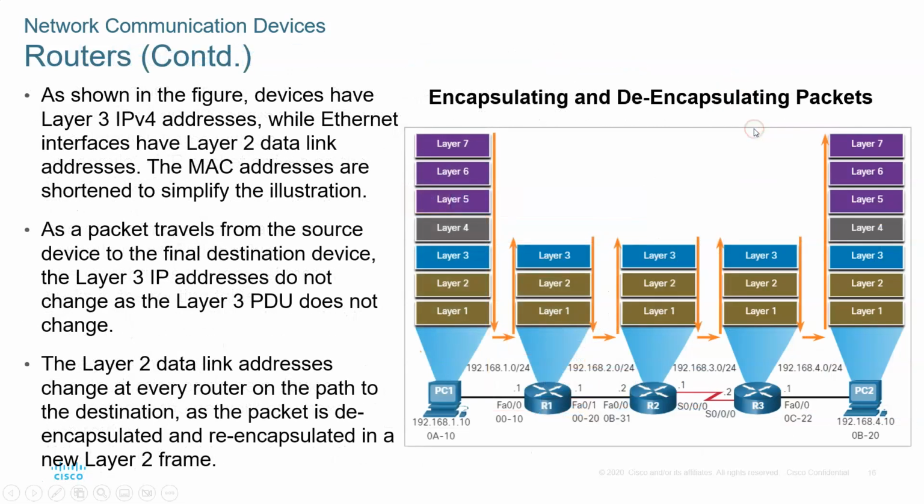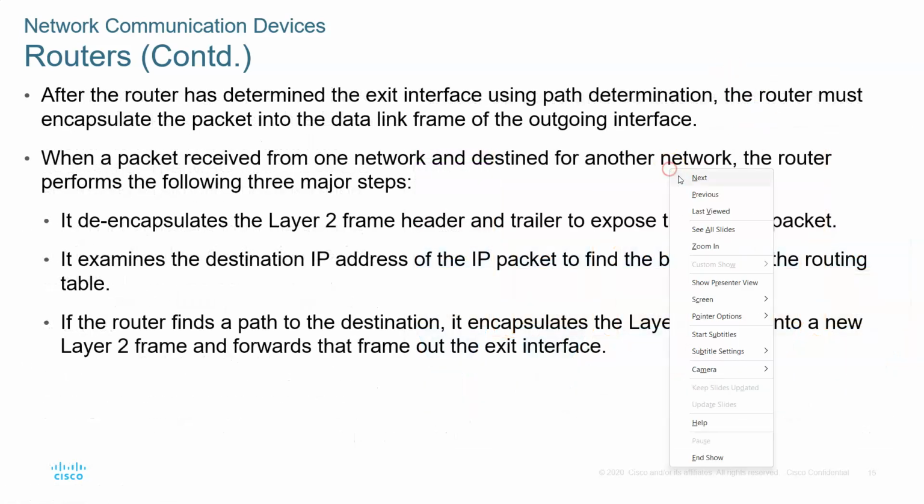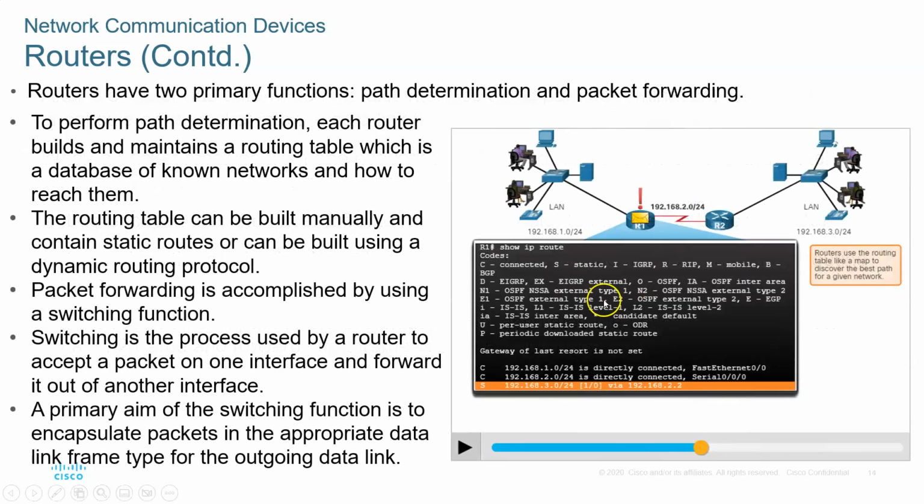Let me just go over it one more time. Just one thing I forgot to tell you is that here's your routing table, right? If I go through every single one of them and there is no match because the gateway of last resort is not set, then your packet is thrown in the garbage, in the trash.